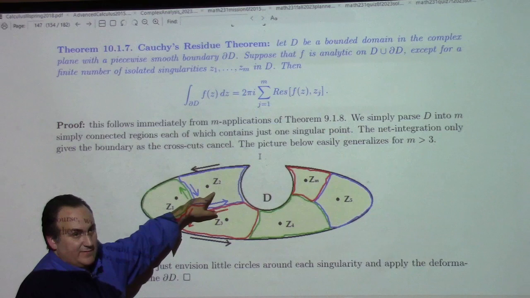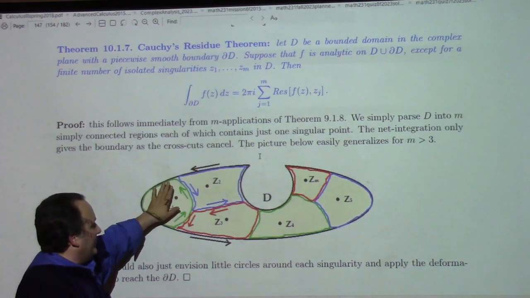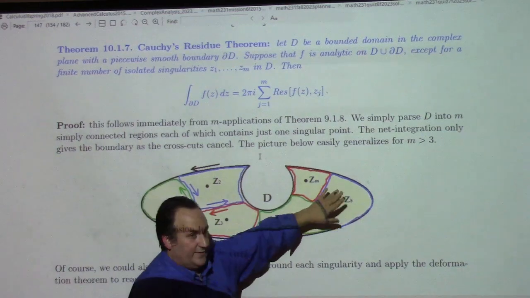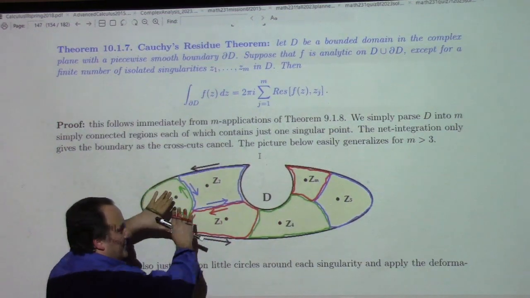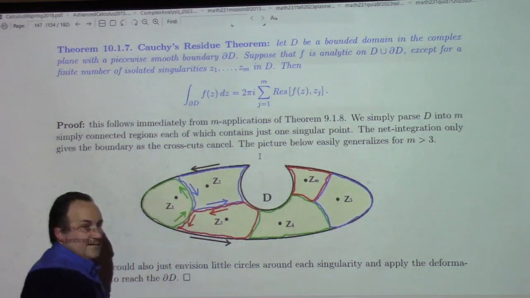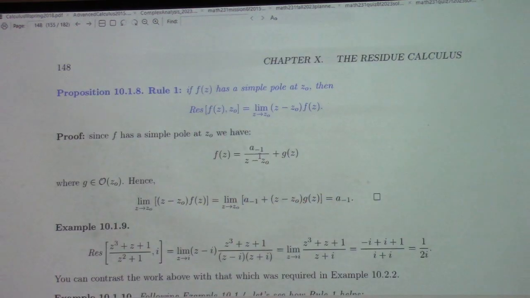Likewise here, 2 pi i residue at z2, and so forth and so on. But then the integral around all of the colored loops, right? When you add those together, all the crosscuts cancel, and you're just left with the integral around the outside. And that is Cauchy's residue theorem. Which probably should, is it Cauchy's theorem or is it Laurent? I don't know, whatever. It's Jeff's theorem.